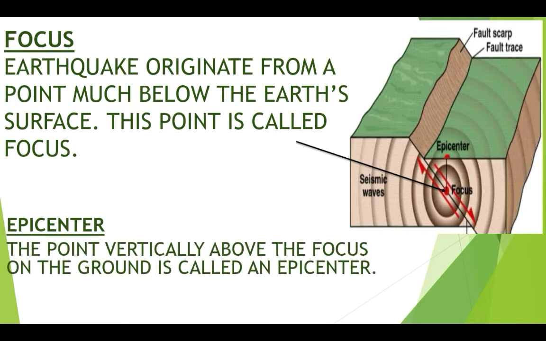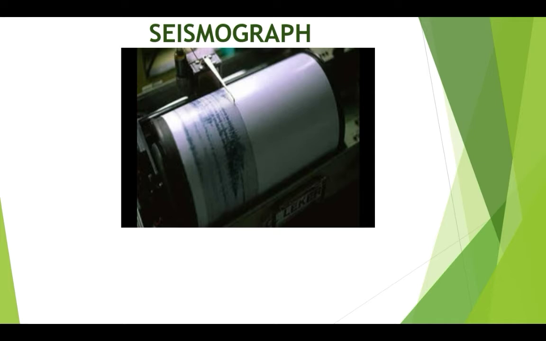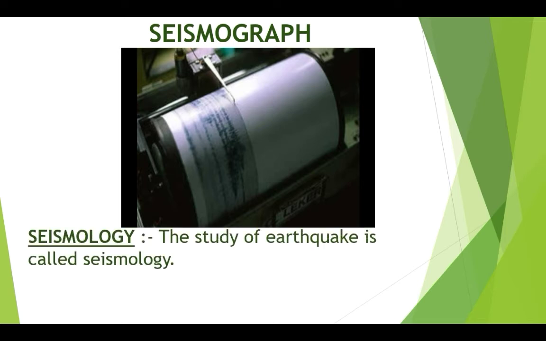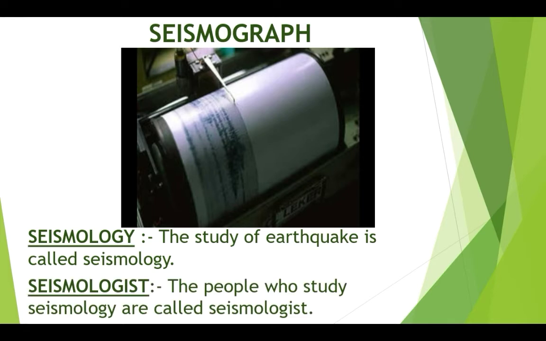The point vertically above the focus on the ground is called the epicenter. The seismograph is the instrument which measures the intensity of an earthquake. The study of earthquakes is called seismology, and the people who study seismology are called seismologists.